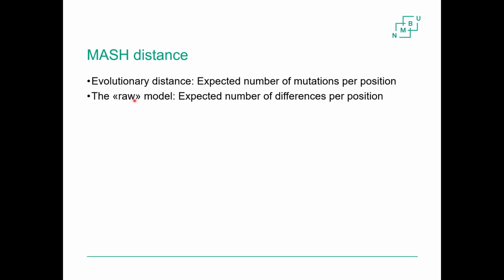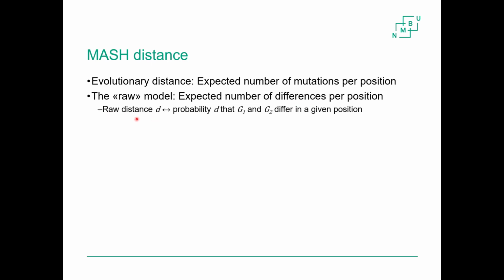So the raw estimate of this true evolutionary distance is this p distance, as we also call it. Expected number of differences per position. And notice the number of mutations and number of differences is not the same, because you can have mutated back and forth several times, right? The same difference can have been changed over and over again. So the number of mutations is always bigger than the number of differences that we now observe.